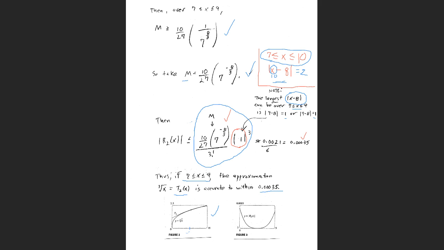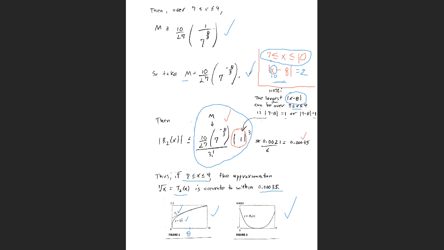And you can see that the second degree Taylor polynomial approximates the cube root of x pretty well over a wide range of x values. Of course, the further away you move from x equals 8, the worse the approximation gets. And you can see it get worse.